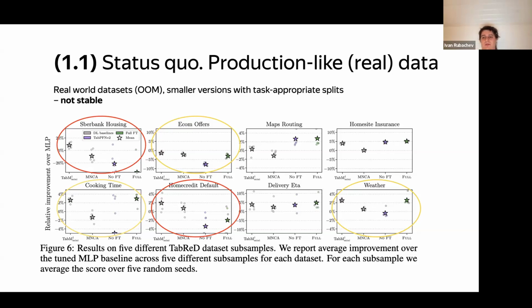You have lots of objects there, but here we are limited because on a large dataset, it's really tough to fit the entire large dataset into the transformer model context. So we experiment on smaller subsamples of the TabReD dataset.